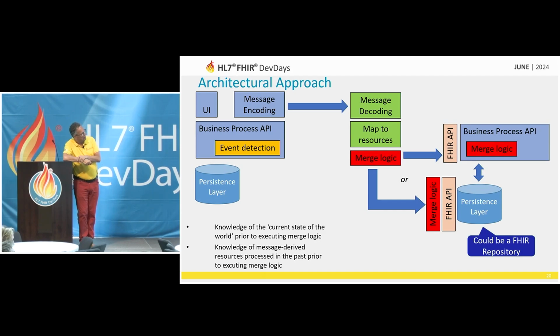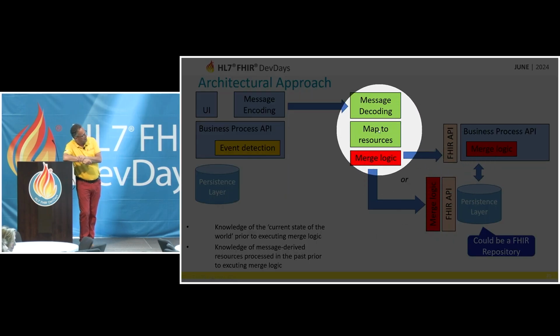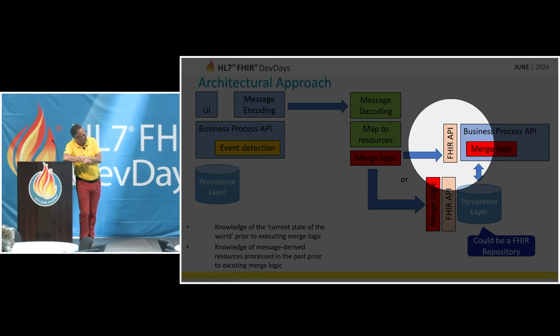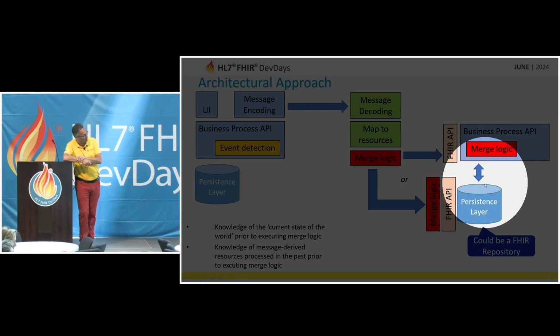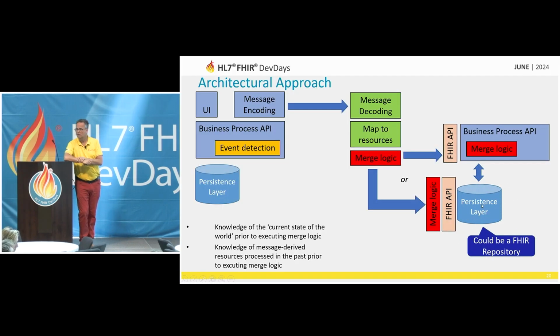And normally, and that's what I suggested initially, it would be nice if you can send these FHIR resources to a FHIR API that goes through the business process API of the receiving application, and it has its own merge logic and probably its own database schema. That would be the best route possible. But obviously that requires you to have a vendor that has already implemented all of that.